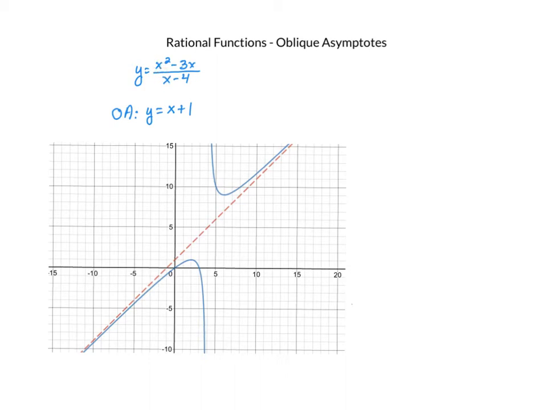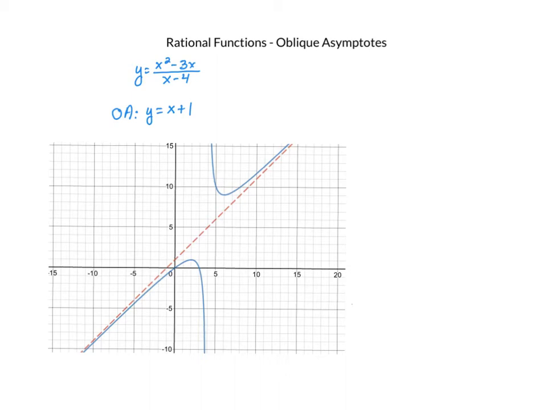So now let's talk about how to find it. And it goes back to how do you rewrite a rational function so that it is in proper form, so that the degree in the numerator isn't larger than the degree in the denominator. And it's much like converting improper fractions into mixed numbers. So let's do it. We're going to divide x minus 4 into x squared minus 3x.